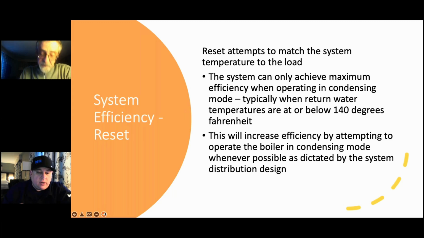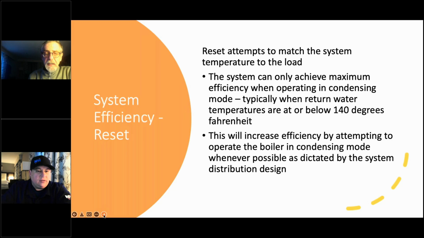And in an ideal system, you're utilizing both turn down and reset, which will increase the system life and prolong the runtime, so you're operating for longer periods of time at steady state, and will make for the best occupant comfort at the same time you're achieving the maximum efficiency. That was a good question.